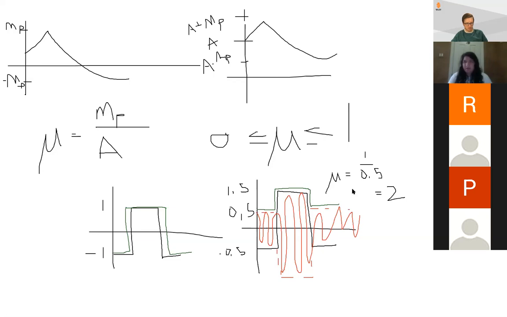I'm a little confused exactly what you're asking. You're asking about the modulation of phase or frequency, where you have the cosine of some angle.